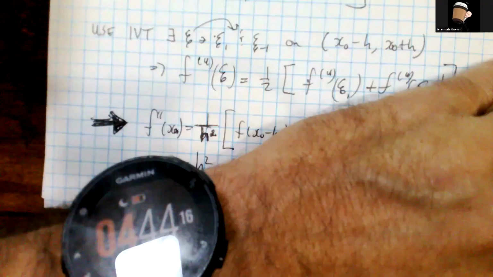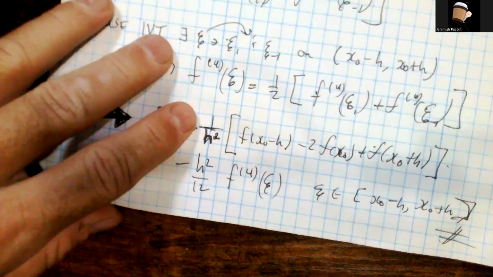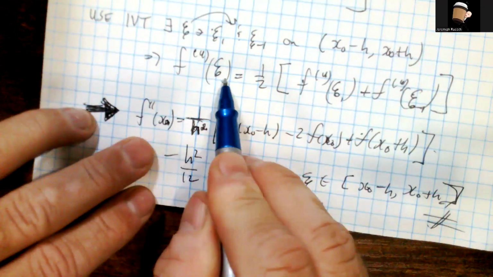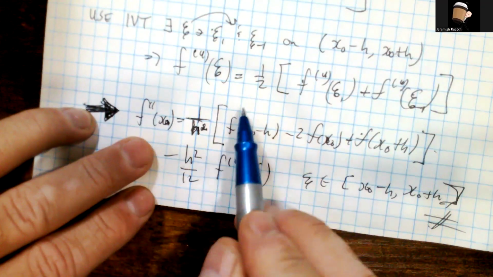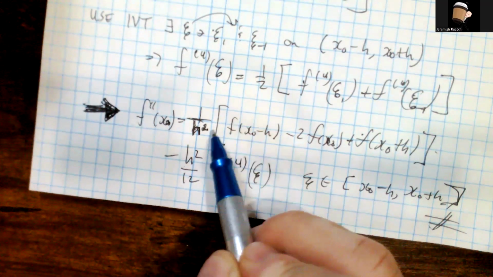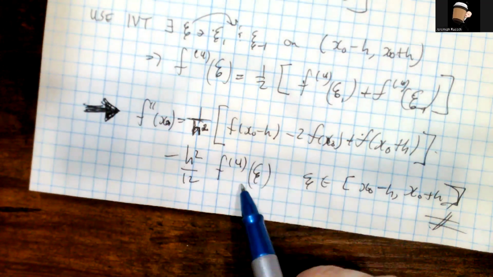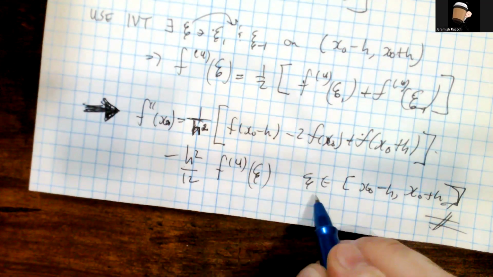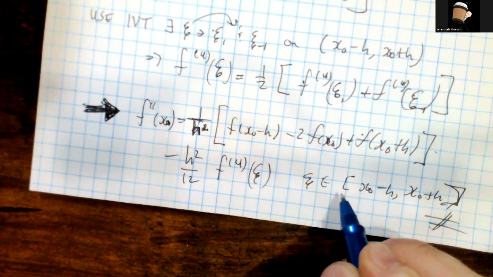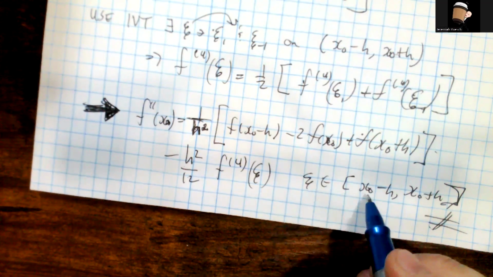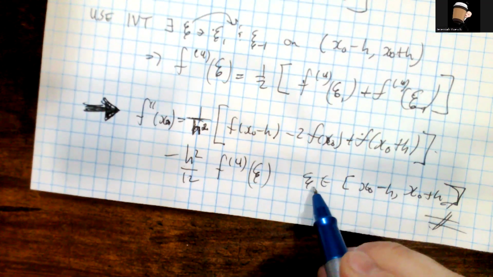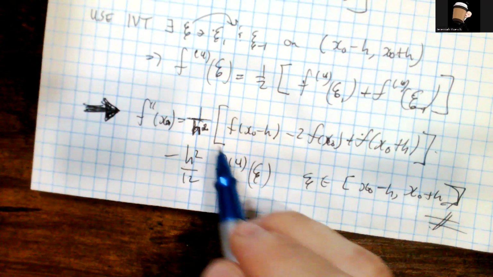So that using the intermediate value theorem with that assumption of shrinking the interval down, we get a simplification that allows us to write that in this interval, x naught minus h and x naught plus h, our c value is somewhere going to be in that range.